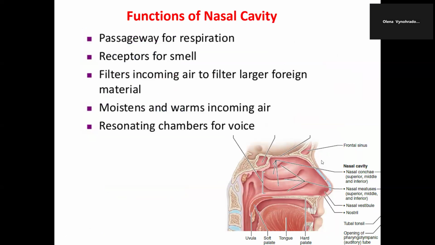Let's move one by one through the function of different parts of our respiratory system. Nasal cavity. First of all, this is the main passageway for respiration. Here we also have receptors for smell and identification of different smells. Here we have filters for incoming air from large foreign materials. Also here we have moistness and warmth of incoming air.